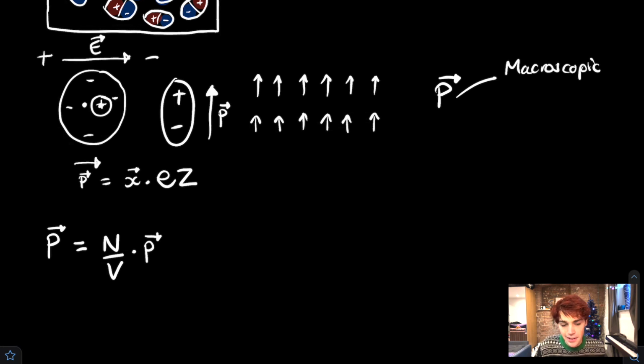So it's a bit like mass density in that it doesn't depend on how big your material is. You have a polarization which is a property of the density of dipoles right here. And oftentimes you won't actually see the volume term written. What you'll mostly see is that this is written as simply N multiplied by p, where N is simply the number density. So it's the number per unit volume of dipoles. And this is the polarization right here, the macroscopic polarization.